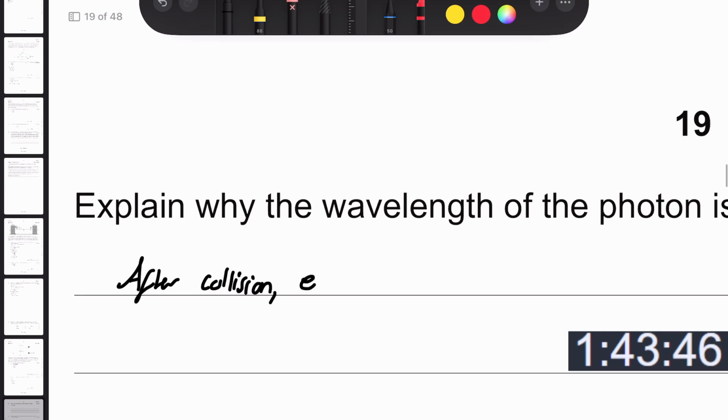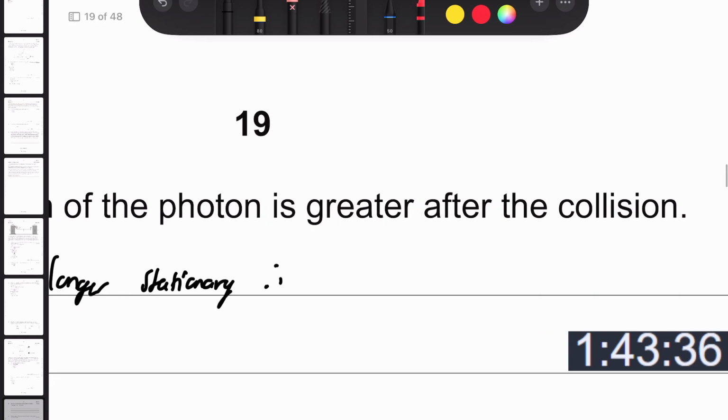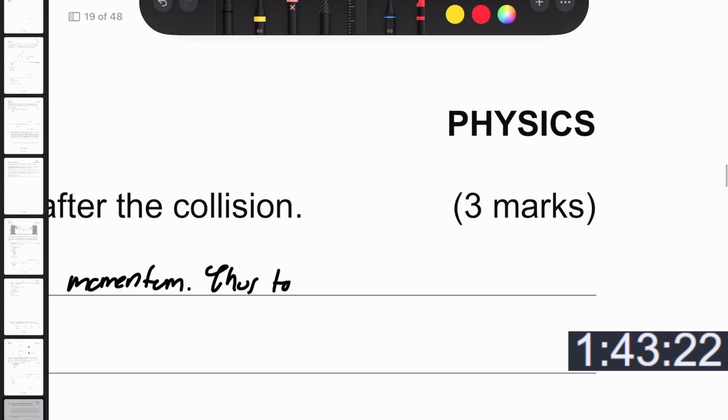Therefore it has some momentum. Thus, to maintain conservation of momentum.